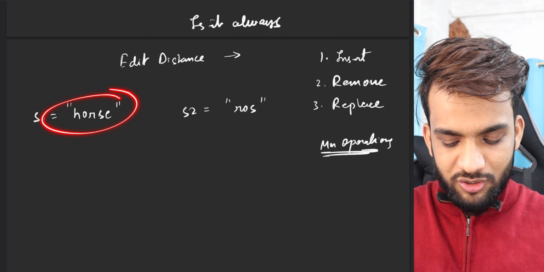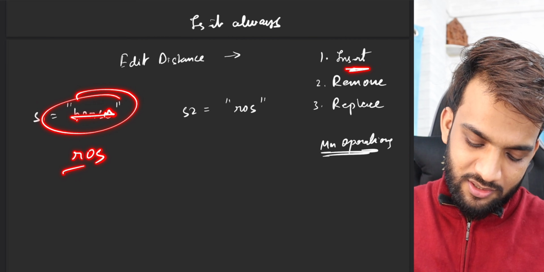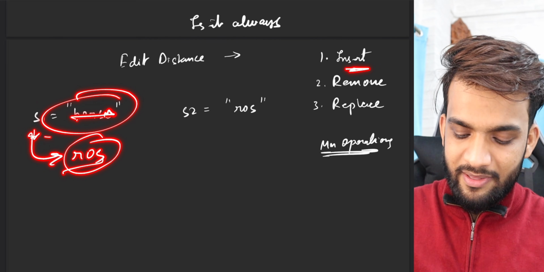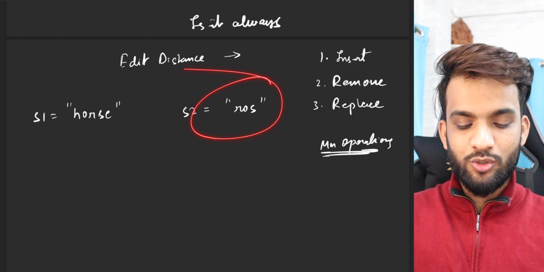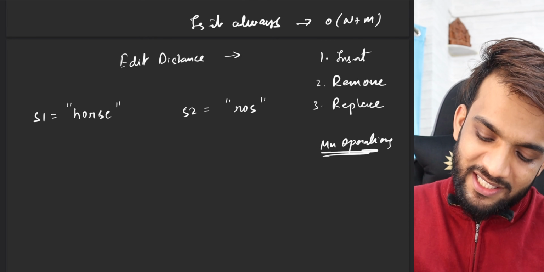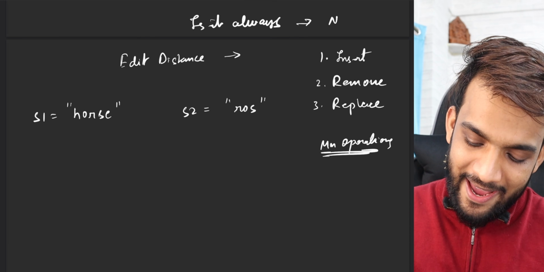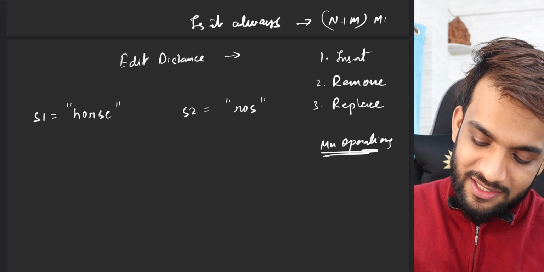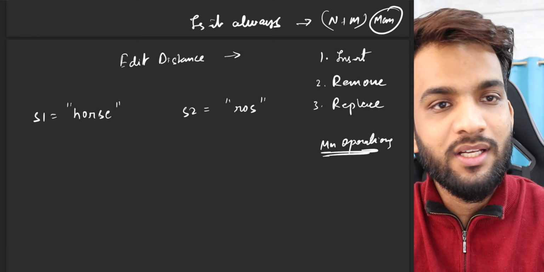Perform the number of deletions until you get an empty string, then insert ROS, and you convert s1 to s2. So delete all, insert the string s2. So at maximum n plus m steps is the most that you will take by deleting everything and then inserting.